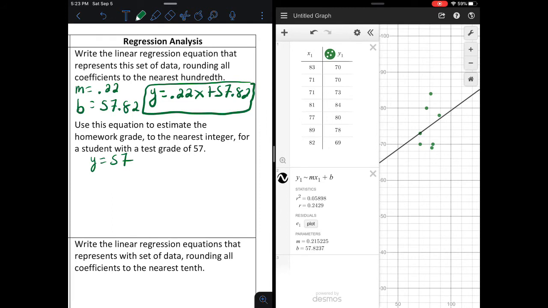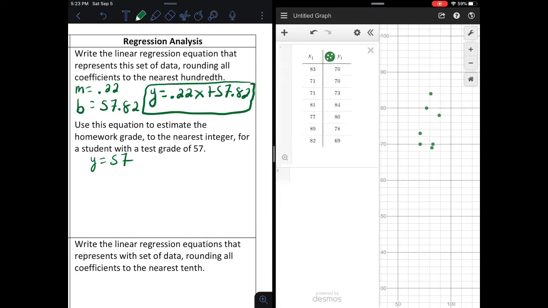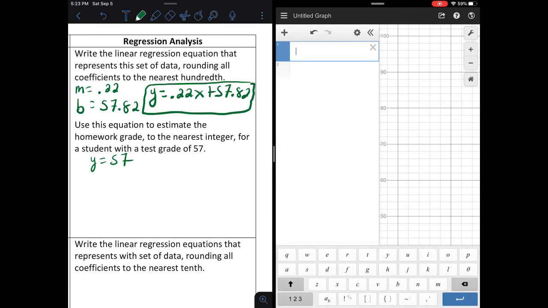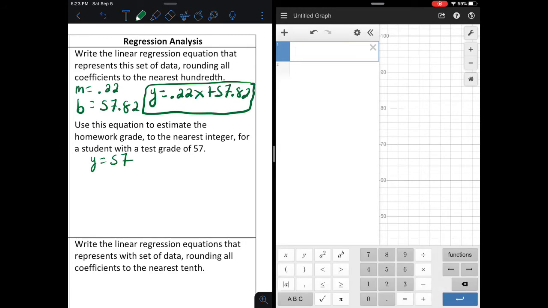They want us to use that equation. Well, since we have Desmos pulled up, let's do that. So I'm going to delete these two. I'm going to click the X, and I'm going to type in my equation of y equals 0.22x plus 57.82. And then they want to know, when does y equal 57?